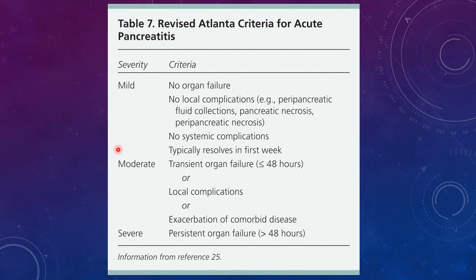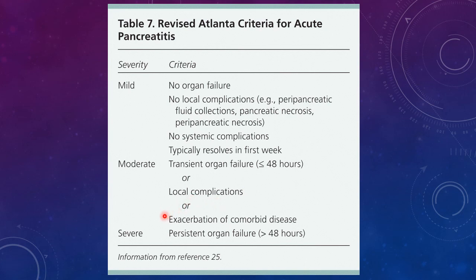The second category is moderate acute pancreatitis, in which there can be transient organ failure. For example, you can have renal failure, which usually recovers within 48 hours. Or they can be complicated with some local complications like pseudocyst formation or massive necrosis or abscess formation.